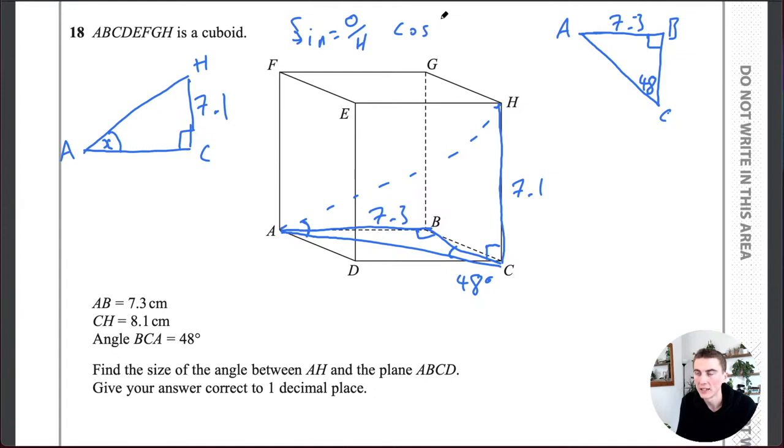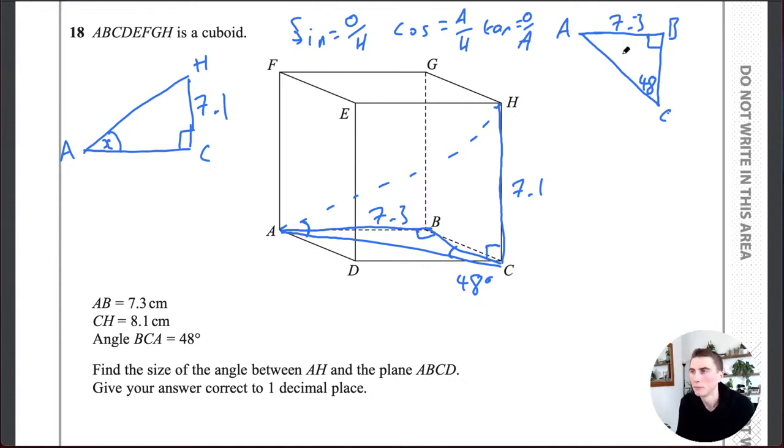The CAH is that cos equals adjacent over hypotenuse. And then the TOA is that tan of x equals opposite over adjacent. I've had to squash it up a bit small there to get it in.